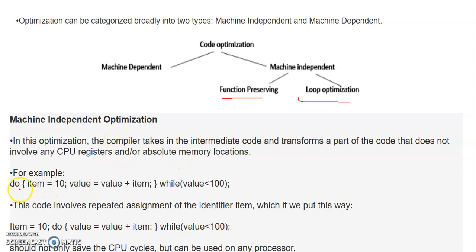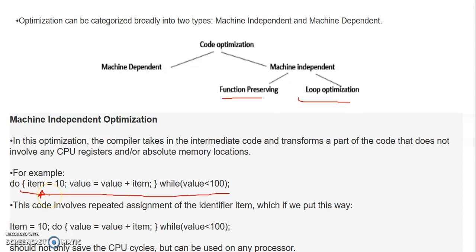Let us take an example code having a do while loop. Do, this is the first statement, item equals 10 is assigned, value equals value plus item, while value is less than 100. If you see this code, the assignment item equals 10 assigns the value 10 to item in each and every iteration, which is not required.